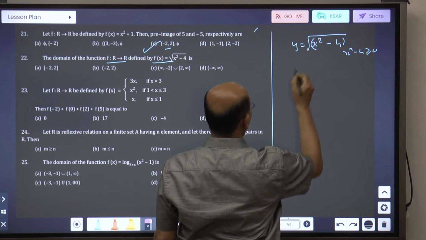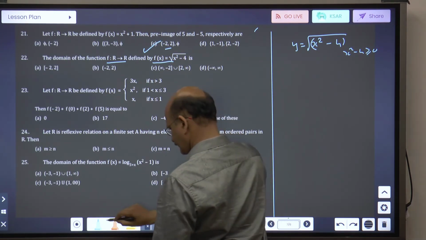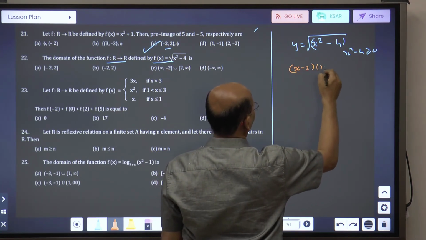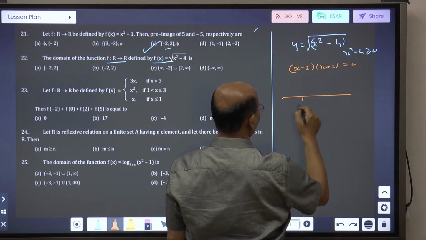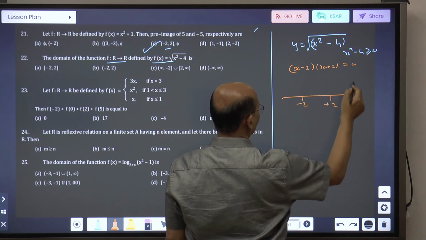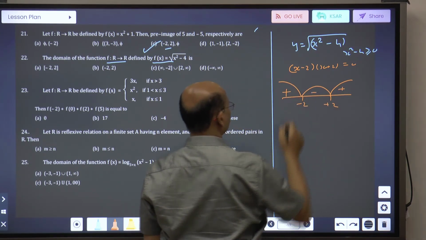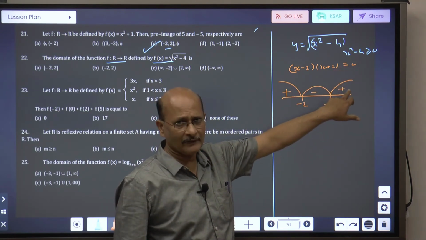So what will happen now here is just equate it to 0. So x minus 2, x plus 2 equal to 0. So the critical points are minus 2 and plus 2. So intervals you can see here, this is plus, this is minus, this is plus. So what do you think? Whenever there is greater symbol, plus interval will be the answer.